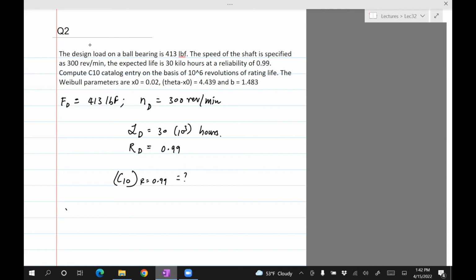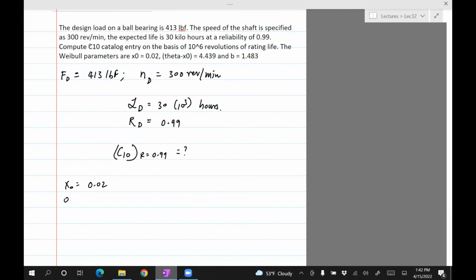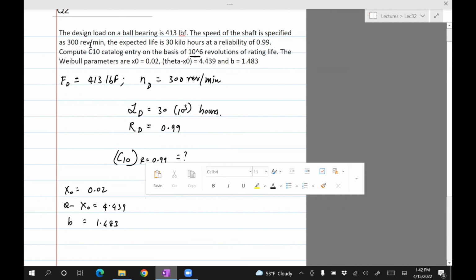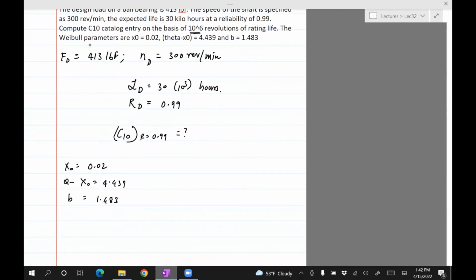So x0 is 0.02, theta minus x0 is 4.439, b is 1.483. And then there's one piece which I forgot to add. 10 raised to 6 is the rating life, so that will be LR. R stands for rating life, 10 raised to 6 revs.